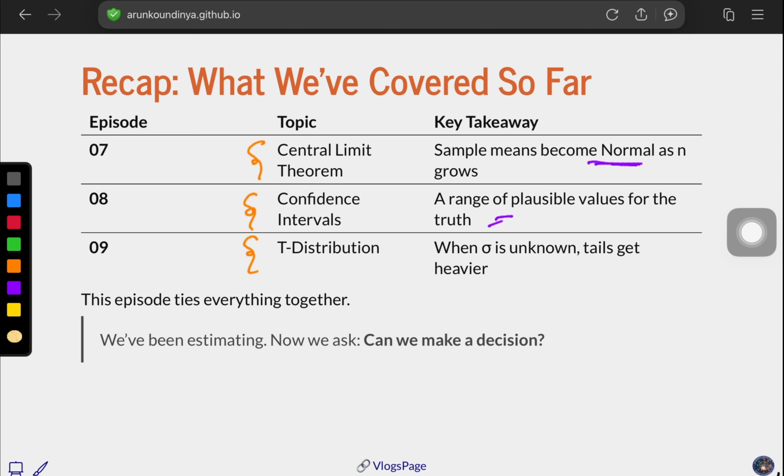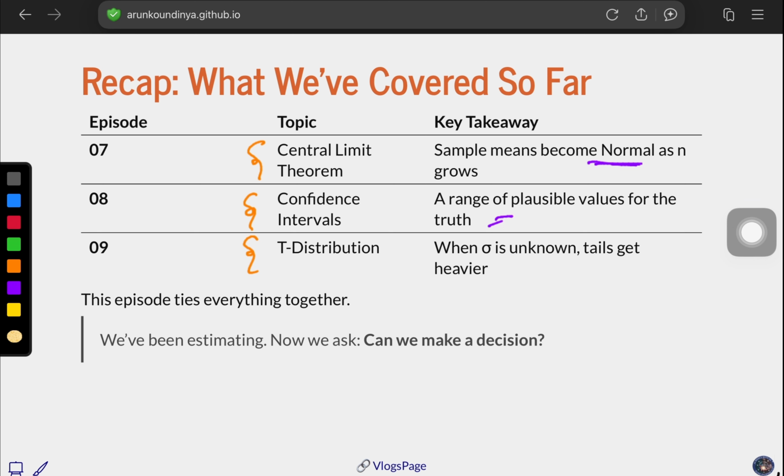In our episode 9, we loosened some of the constraints: what happens if you don't have sufficient samples? That's where the t distribution comes in, because the tails get heavier, accounting for that uncertainty, since we do not have sufficient samples and your possible range of values could increase.